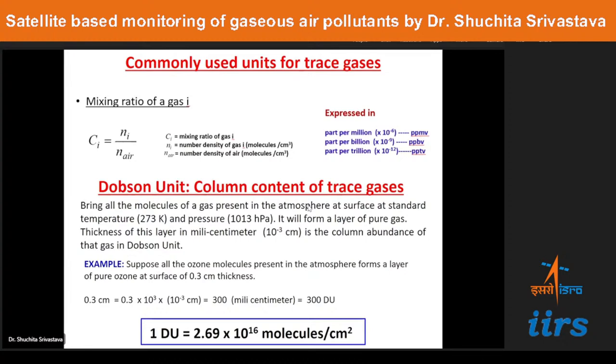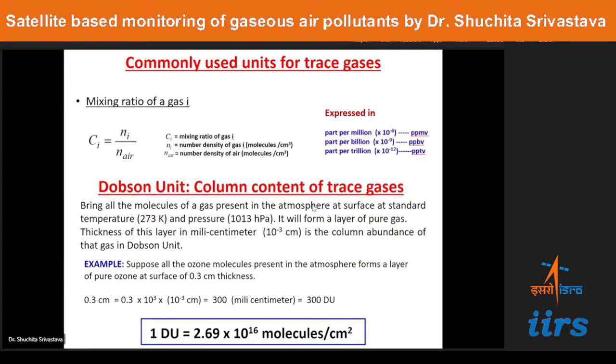Bring all the molecules of the gas present in the atmosphere to the surface at standard temperature and pressure. What will happen? It will form a layer, and the thickness of this layer in millicentimeter is the column abundance of that gas in Dobson unit.